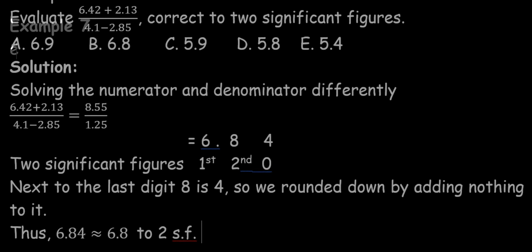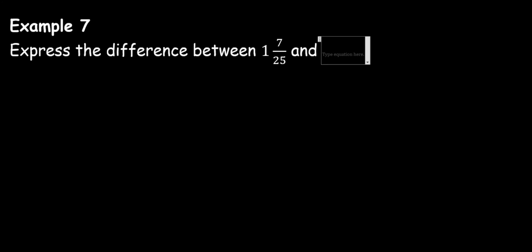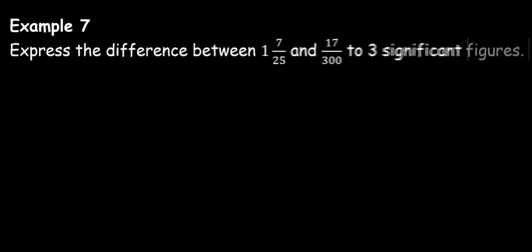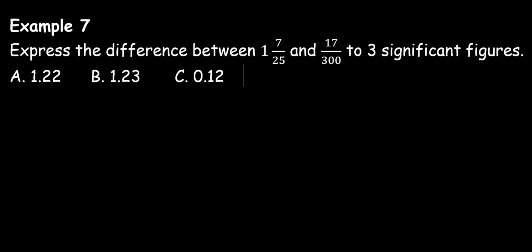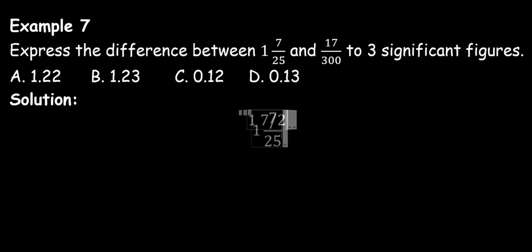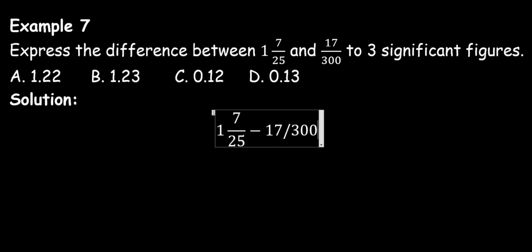Let's take another example. Express the difference between 1 whole number 7 over 25 and 17 over 300 to 3 significant figures. The options: A, 1.22, B, 1.23, C, 0.12, D, 0.13. Solution. We solve the simple arithmetic of 1 whole number 7 over 25 minus 17 over 300.